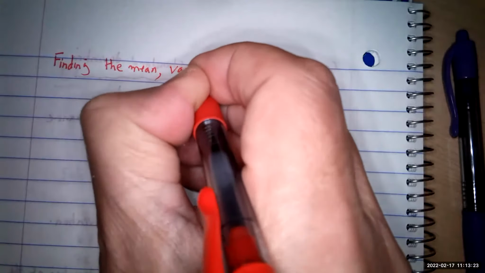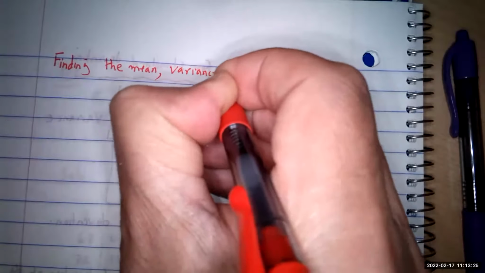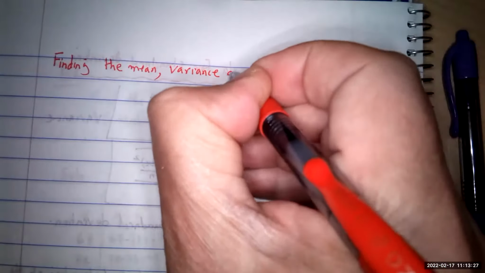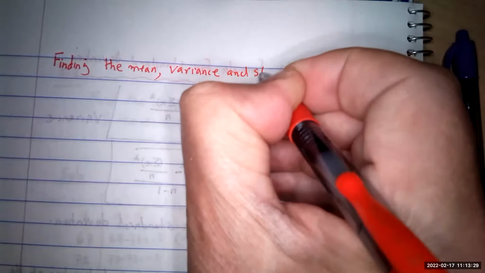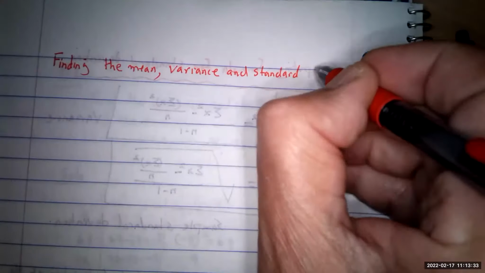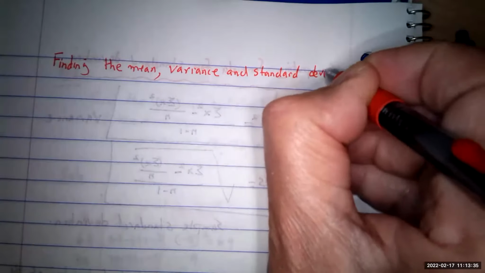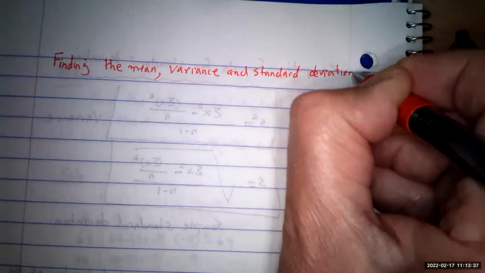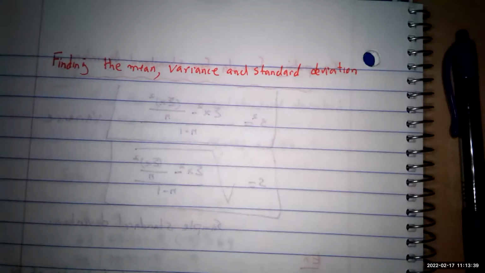So what is this? Finding the mean, variance, and standard deviation. If you want to do this one with a calculator, it takes time, but you will do it manually.